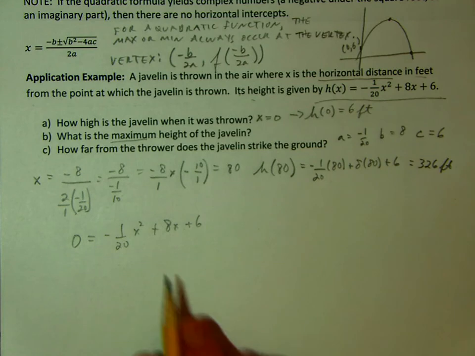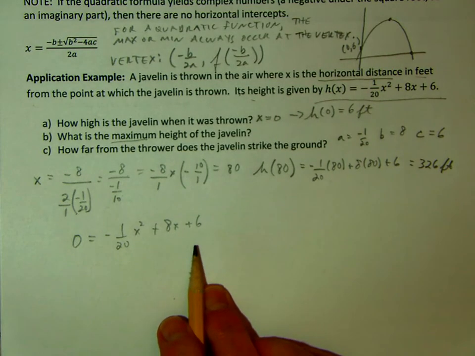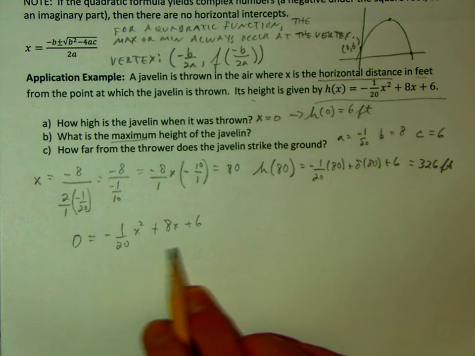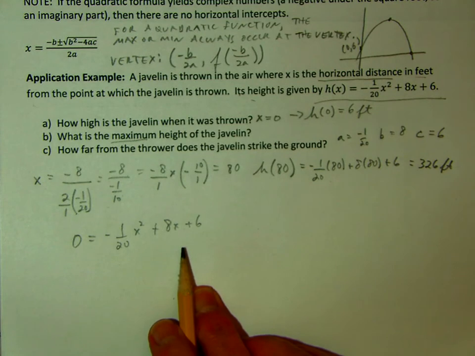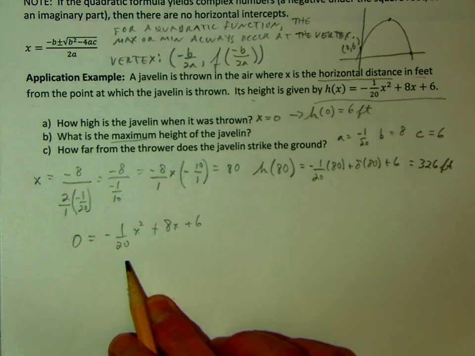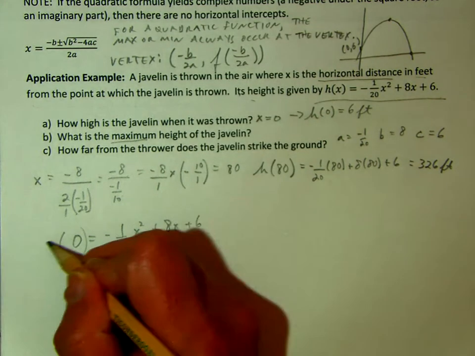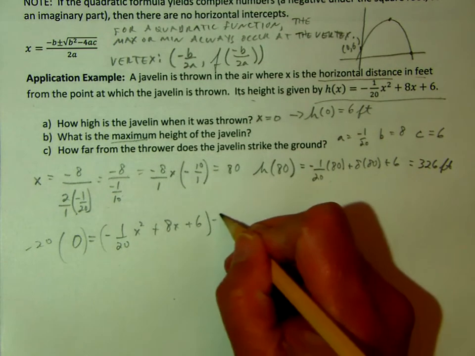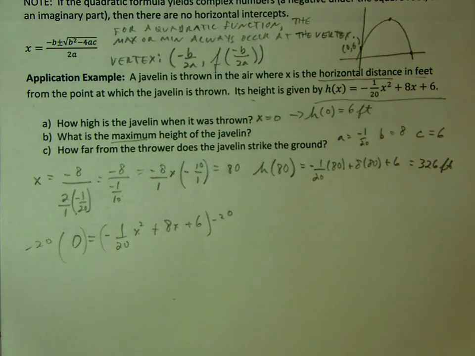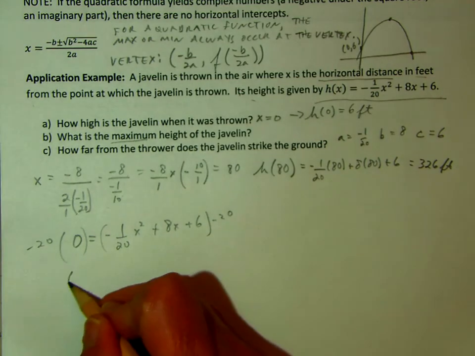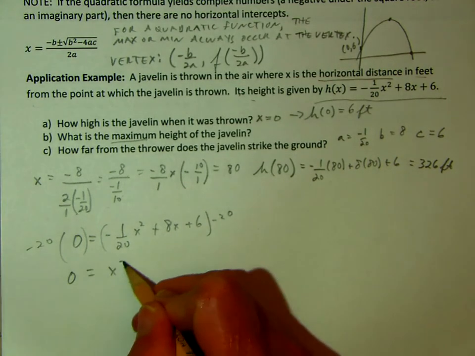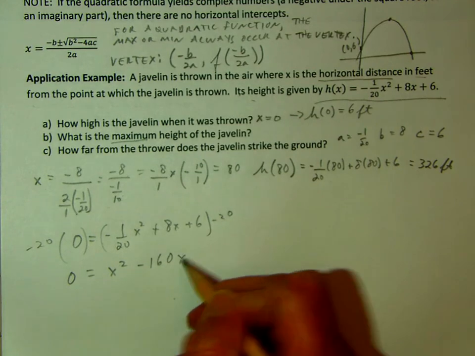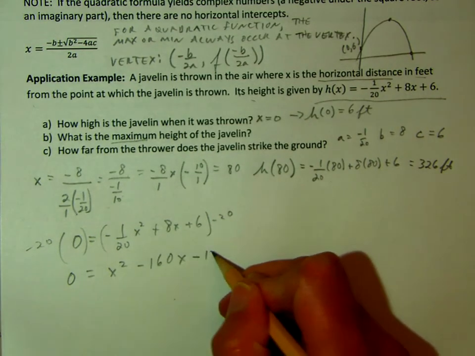So we can try and factor this. Not going to work. So we want to solve. Again, we want to use the quadratic formula. Now, to make things easy on ourselves, we may want to initially multiply both sides of our equation here by negative 20, and that would give us 0 equals x squared minus 160x minus 120.